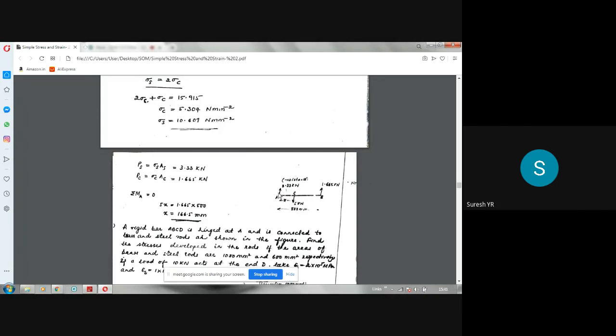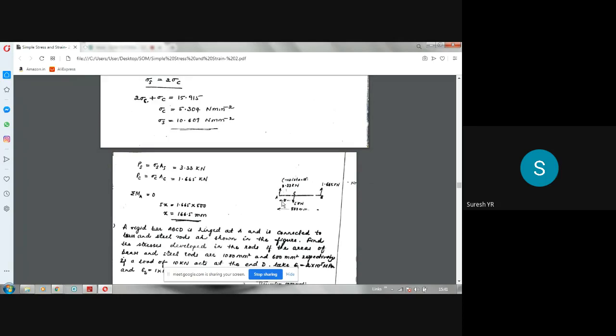The force developed in the rod will be acting upwards. Please note, it's very, very important. The force in the steel bar will be acting upwards, and the force in the copper bar also will be acting upwards. This value is 3.335, and this value is 1.665 in copper. X is the distance between the steel bar and the load.